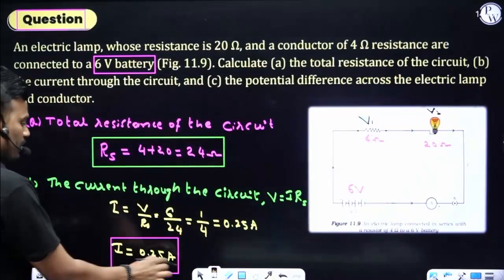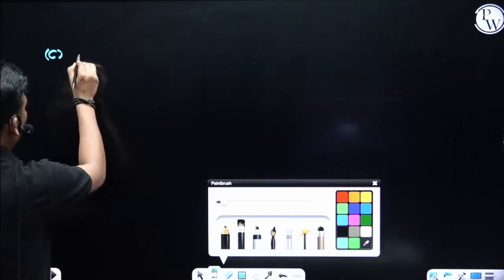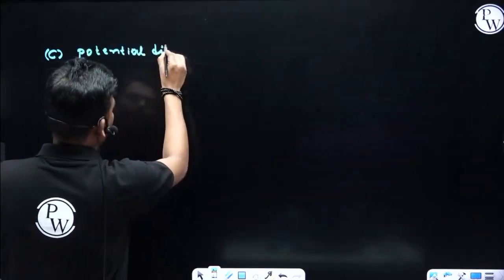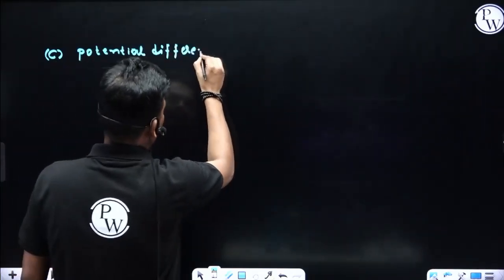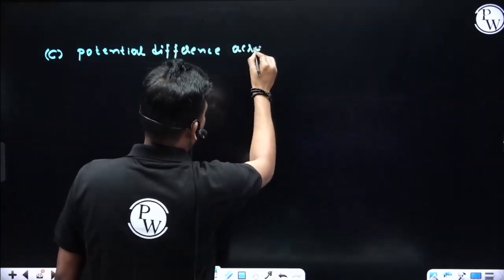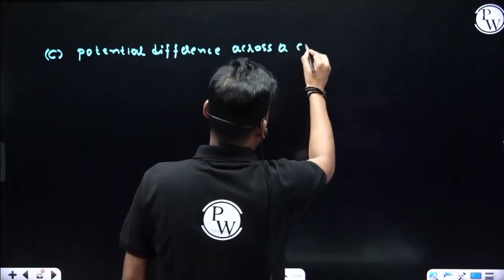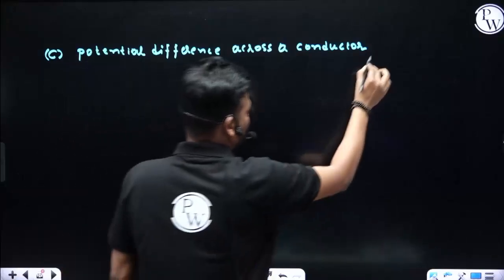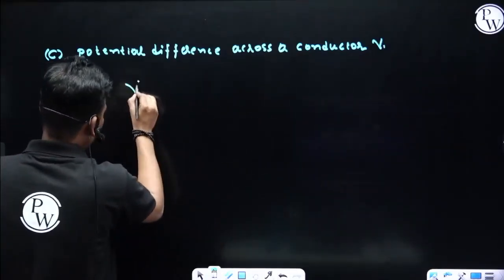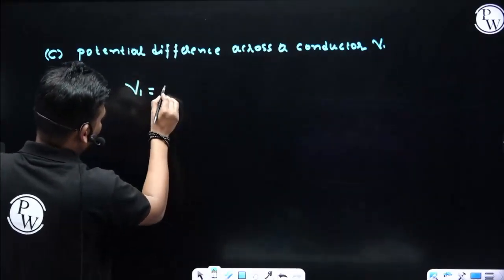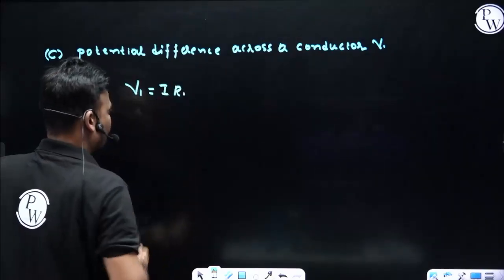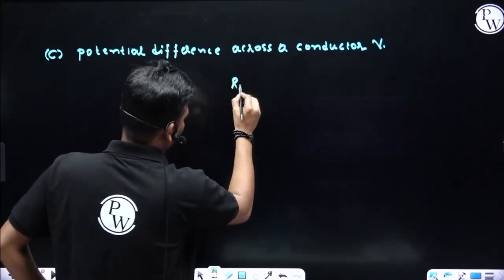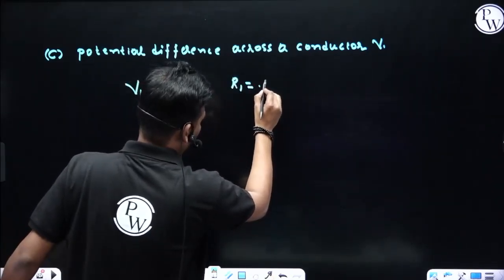Let's write the potential difference across the conductor, that is V1. Across V1 we use current I into R1. We already know R1, the resistance of the conductor, is 4 ohm.